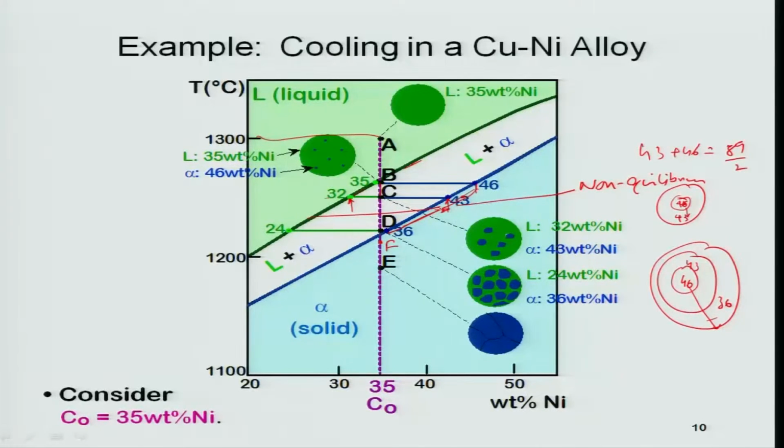So what I am saying is that from point B to point C, I have two different solids forming, 43 and 46%.